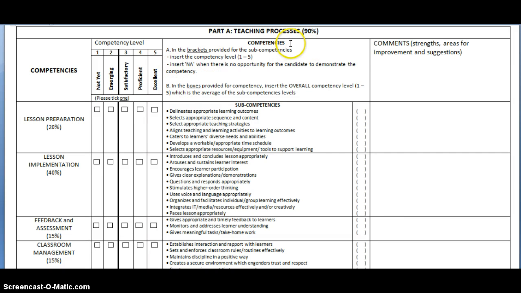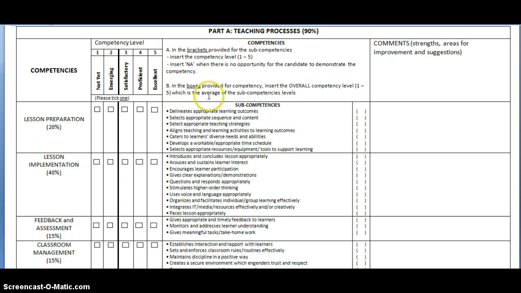Alright, let's look at the competencies here. A, in the brackets provided for the sub-competencies, insert the competency level 1 to 5. Insert an A when there is no opportunity for the candidate to demonstrate the competency.